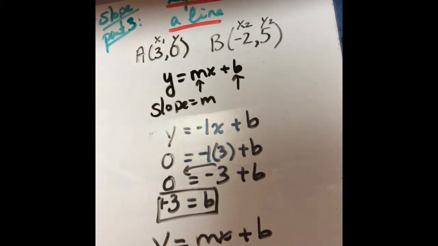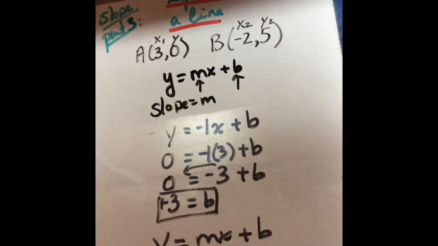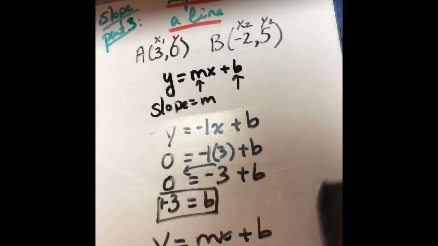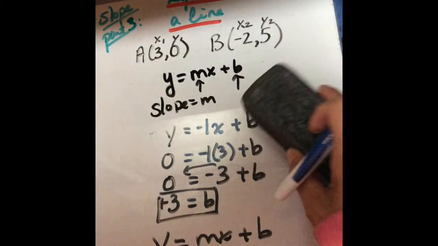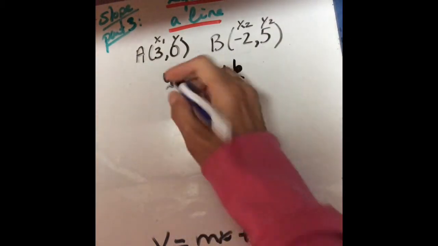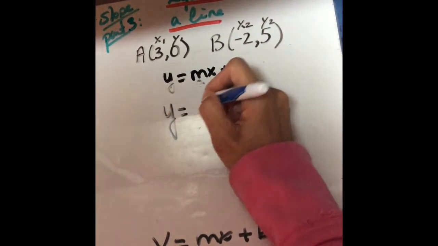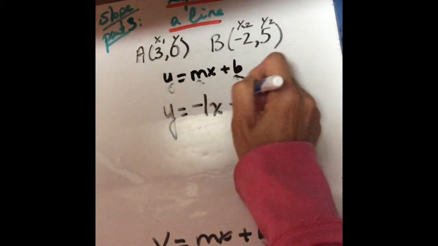In order to check to see if we have the right answer, we can use this equation and plug in now this point. If this point works in this equation, then we have done a good job. So let's try and do that. Let's plug that in. We have y is equal to negative 1x plus 3.